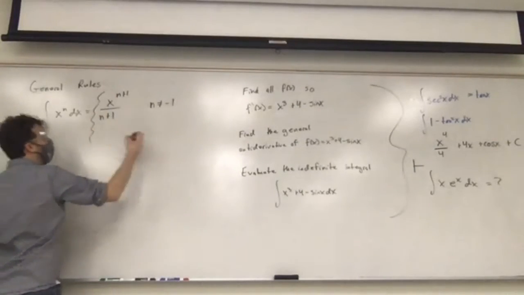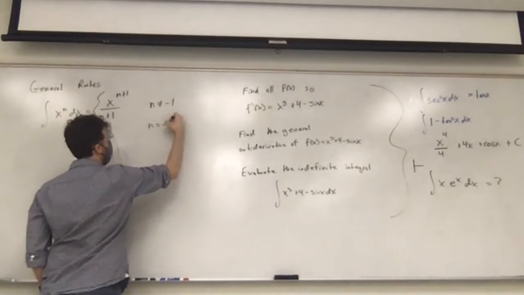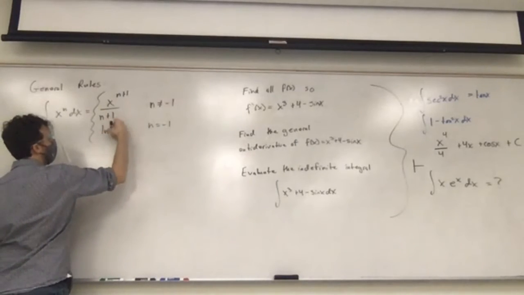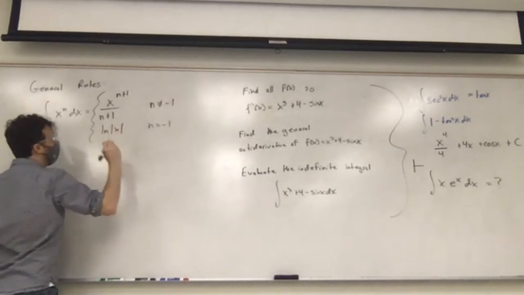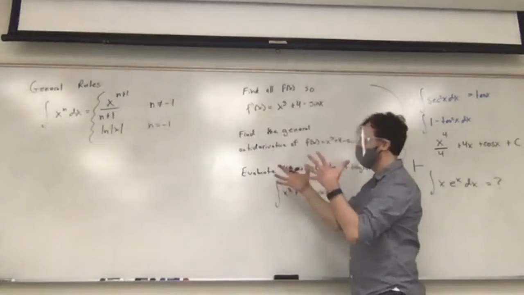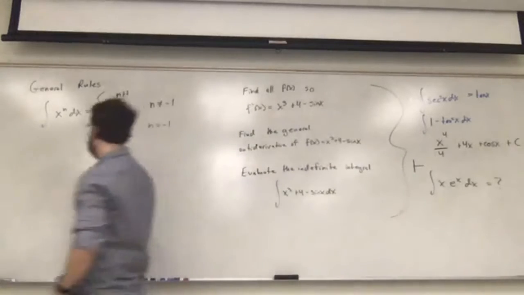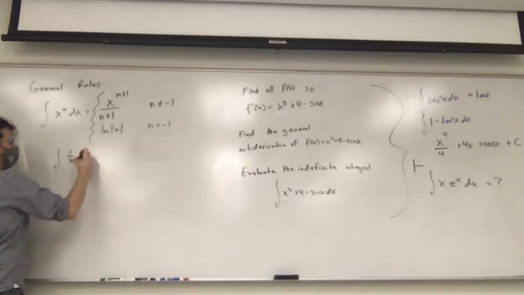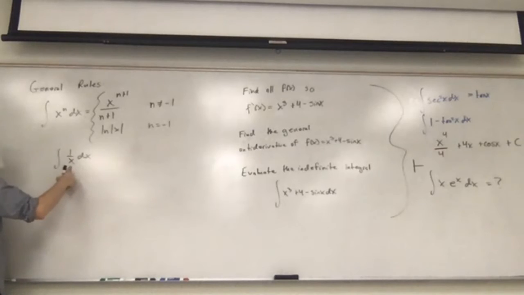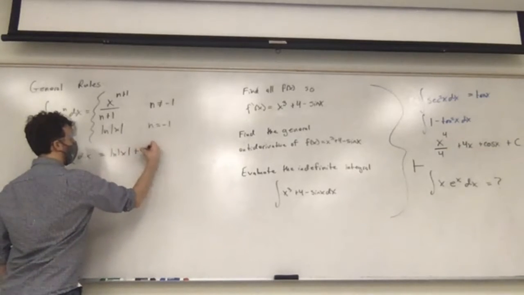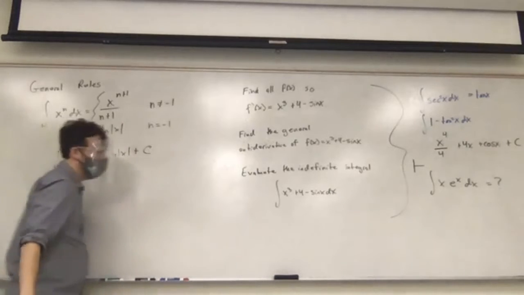What happens in that case, if n is -1, is the natural log of the absolute value of x. So to break that second case off on its own, the integral of 1 over x, which is x to the -1, is the natural log of absolute value of x plus c.